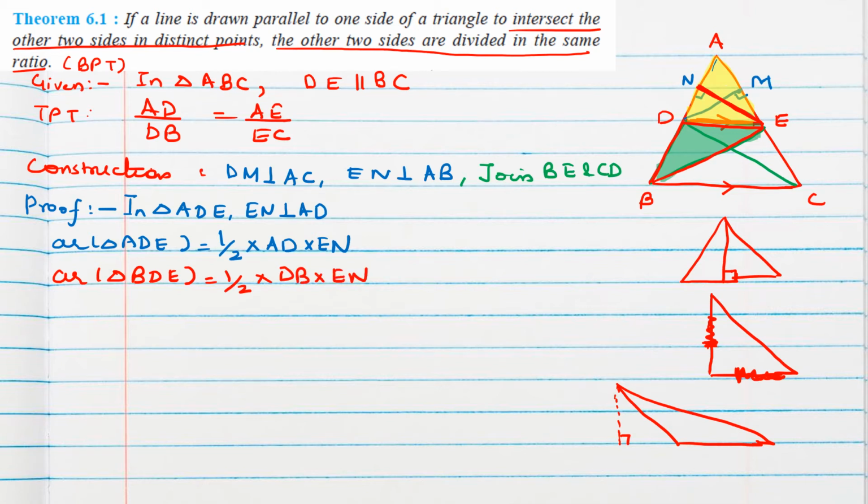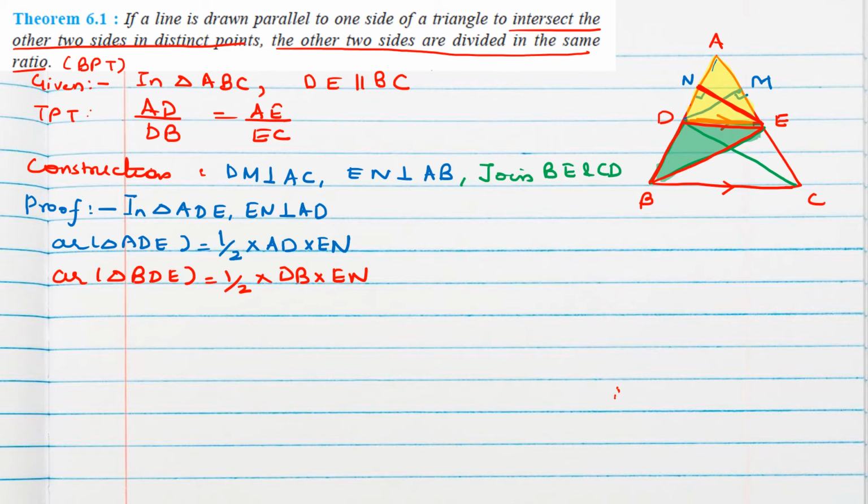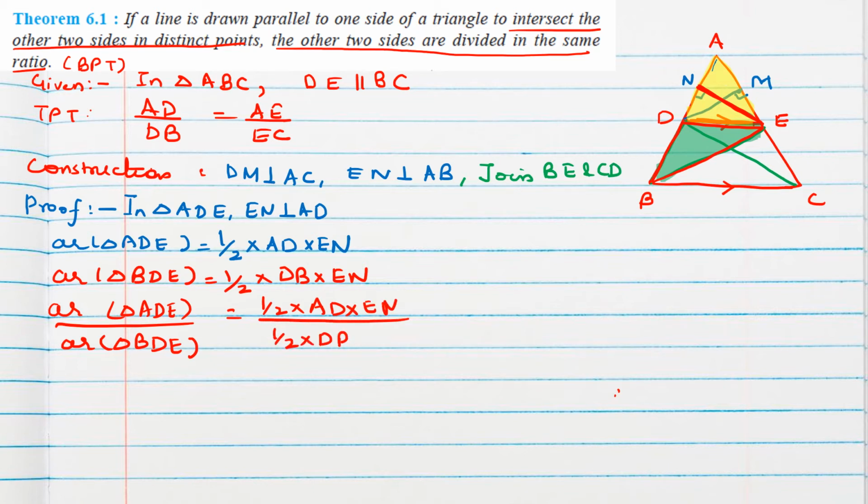Now we'll take the ratio of these two, 1 and 2. On the left hand side, we will get area of ADE divided by area of BDE is equal to half EN into AD over half EN into DB. Half and EN will get cancelled.